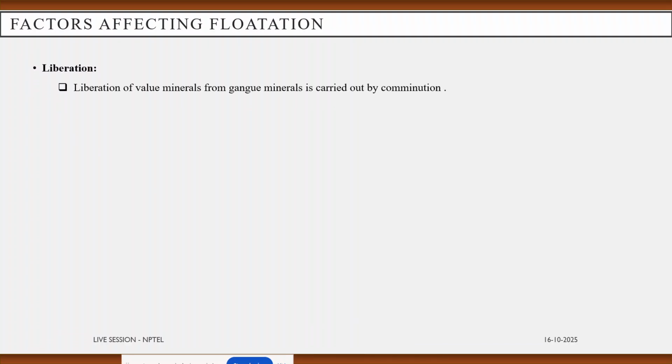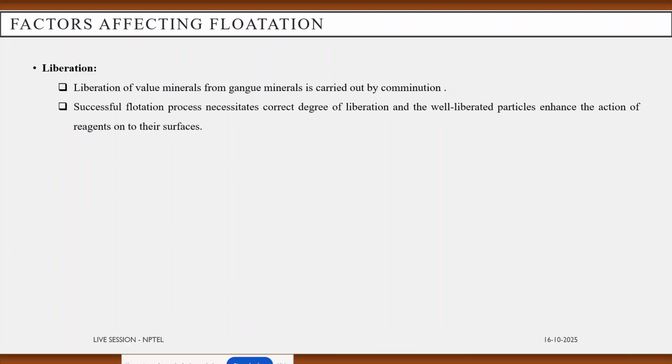Liberation. Liberation of the valuable mineral from the gangue material is carried out by comminution. A successful flotation process necessitates the correct degree of liberation, and well liberated particles will enhance the action of the reagents that we are adding to the surface of the mineral.